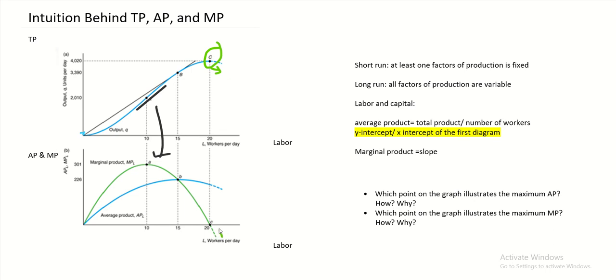So this negative portion corresponds to the negative portion up here. These two give you a great intuition of why they are decreasing together, because any additional worker will not increase the output but decrease it, meaning a negative incremental change in output.